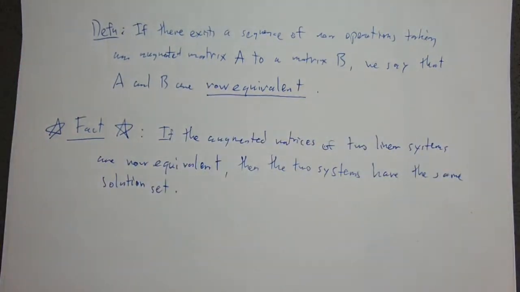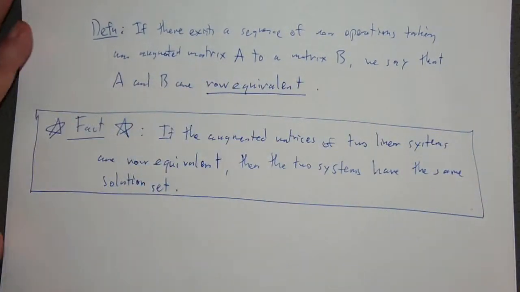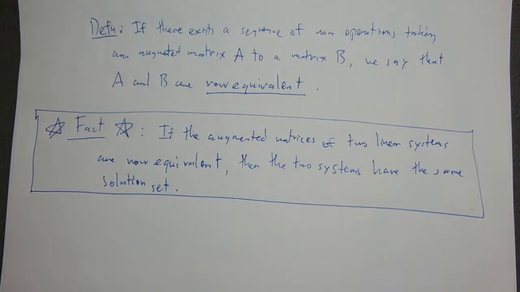So here is the central fact that is the reason why you would do row operations to begin with. The idea is that I can use a judicious choice of row operations to take an augmented matrix and put it in a form that is nicer for whatever reason.